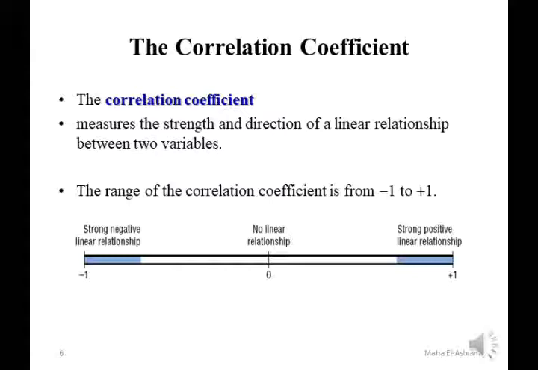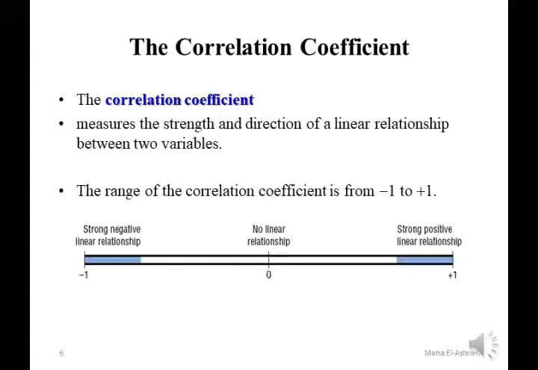So if you look at the number line represented here, you will find that these are the three special cases for the values of r. If r is equal to -1, this is an indication of a strong negative linear relationship. If it's, on the other hand, +1, this is an indication of a strong positive linear relationship. If it's equal to 0, this is an indication of no linear relationship, of course.